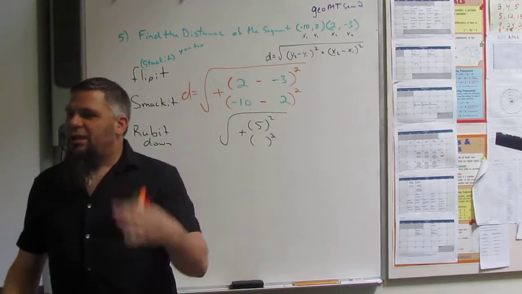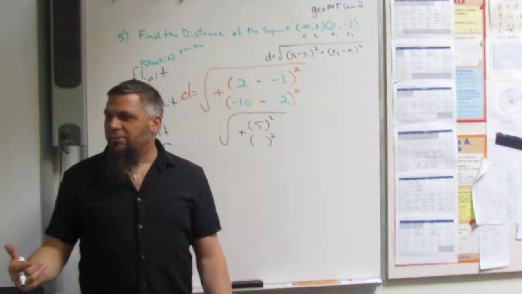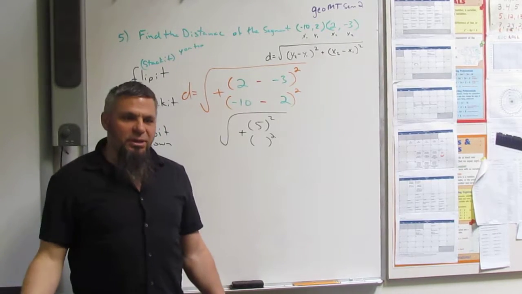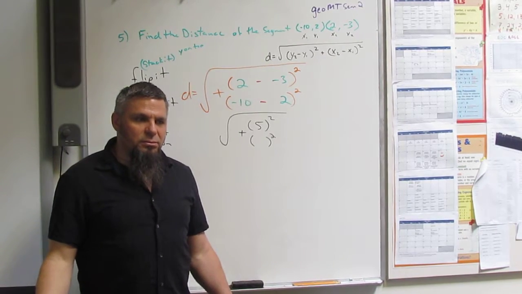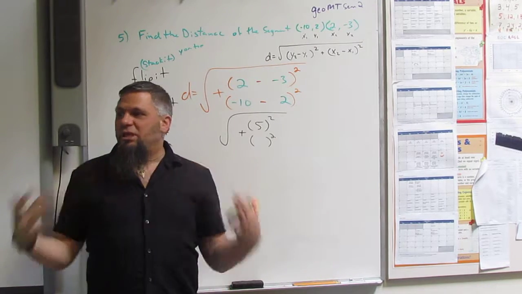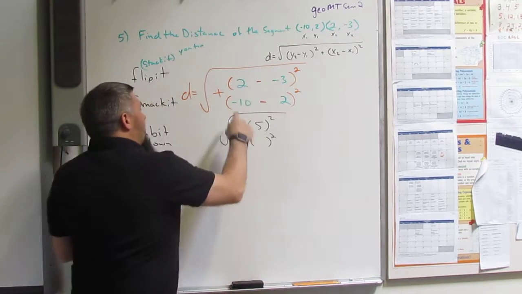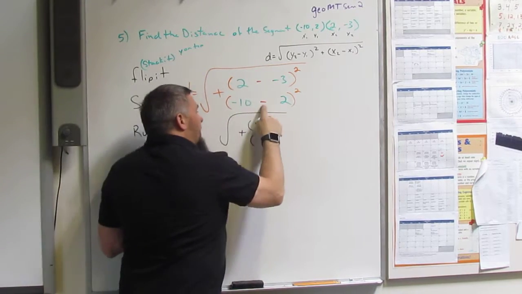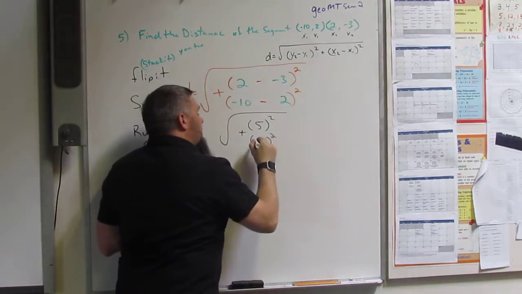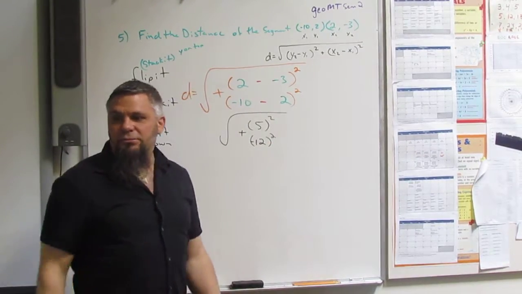I need 10 chairs. I need 2 more. How many chairs do I need? 12. Okay? Think of negatives as needing something. I need 10. I need 2. I need 12. I'm -12.